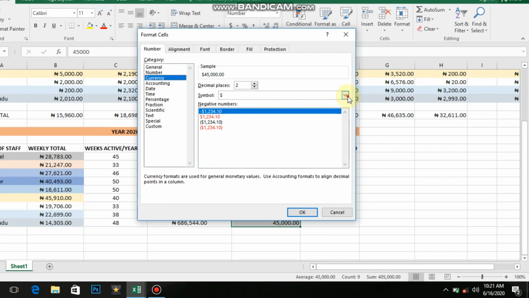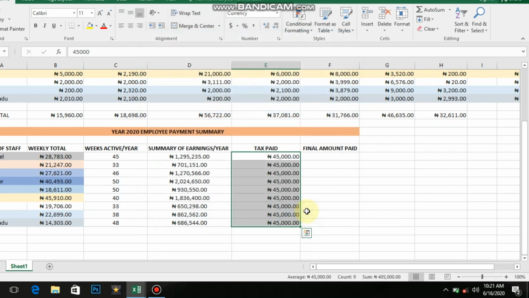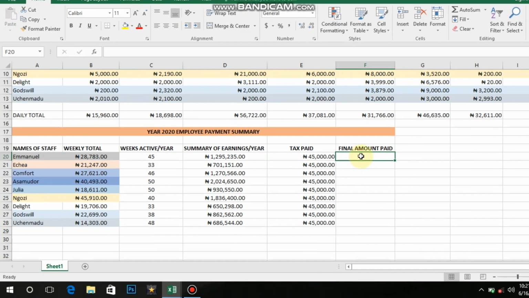We're going to be subtracting this figure from this amount, what we have here, to get the final amount that these workers are paid. For us to do that, we enter the subtraction formula, just like in the others.